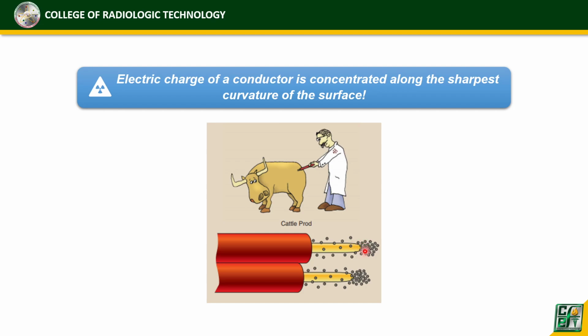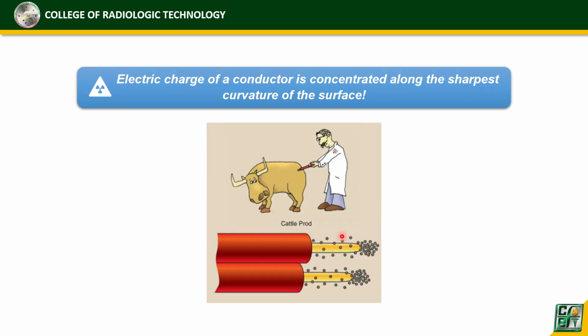Siyempre yung dulo. Diba? Meron siyang curvature. Dahil siya ay may curvature, nandun yung concentration ng electric charge. So, mas malakas ang electric charge dito sa sharpest curve compared dito sa the rest of the surface. Okay? Understood?